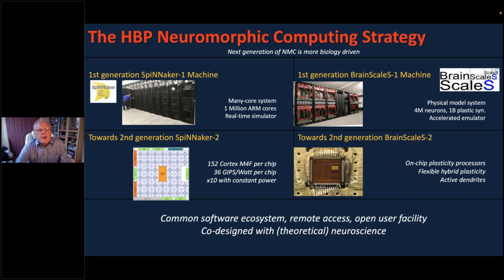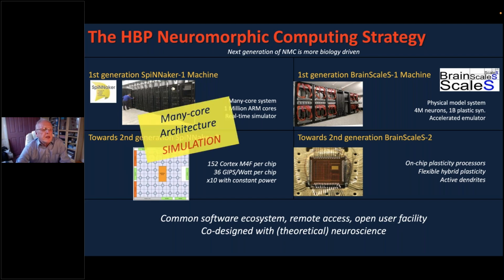And you can see in the pictures here that both of these machines have been built to scale. The SpiNNaker machine has 1 million processor cores arranged across those 10 rack cabinets, and the BrainScaleS machine uses wafer scale integration, and whole wafers are integrated into those modules, and there are, I think, 20 of them across that machine.